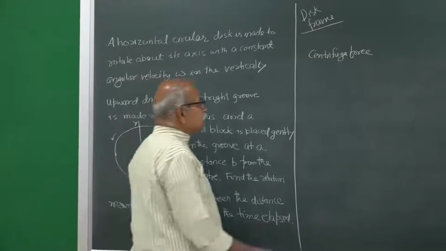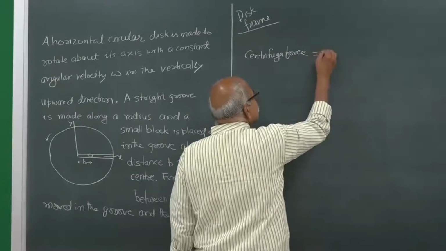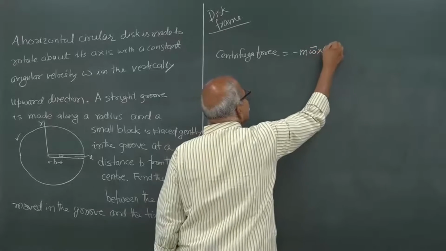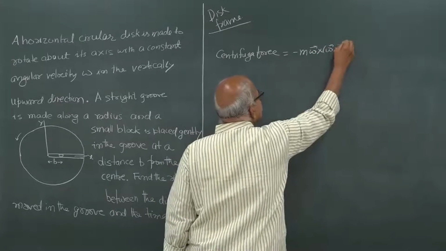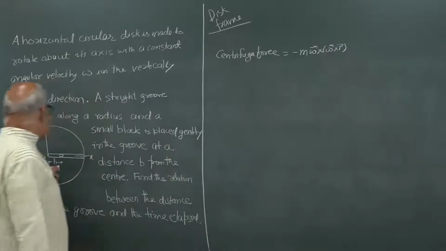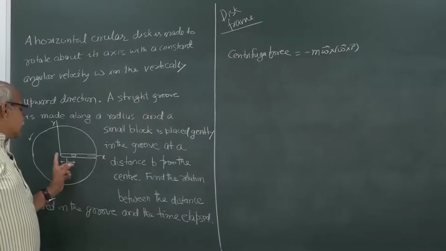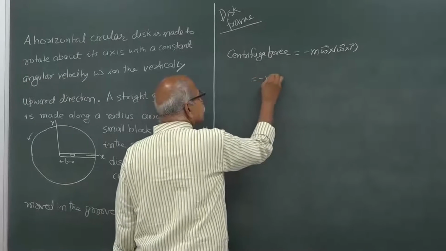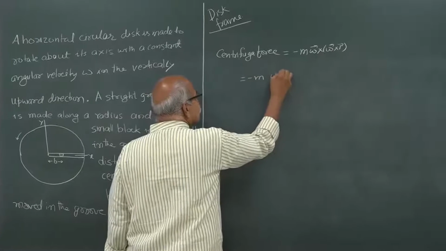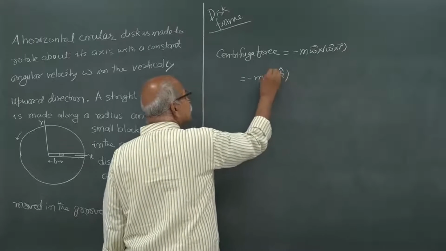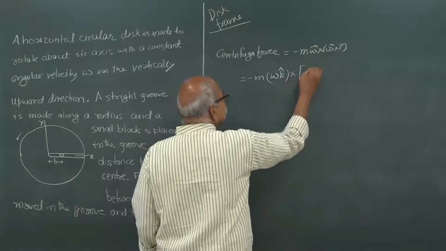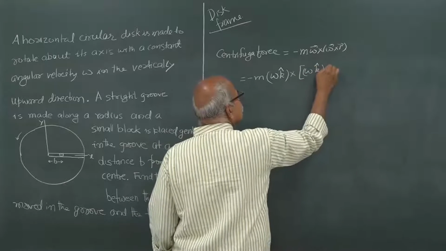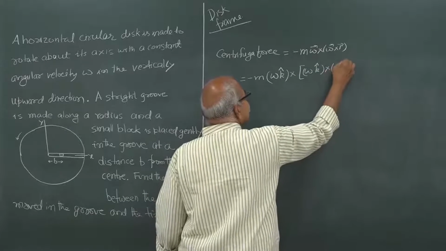So, the centrifugal force is minus m omega cross omega cross r, you can work it out. If the particle is somewhere here at a distance x from the center, then this is minus m, omega cross omega cross r, where omega is omega k cap.